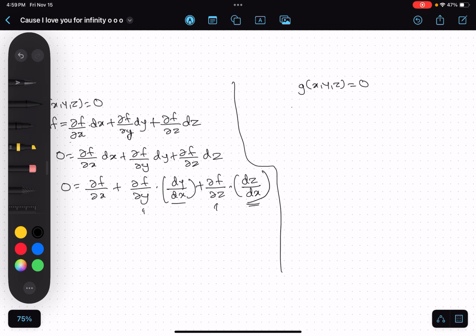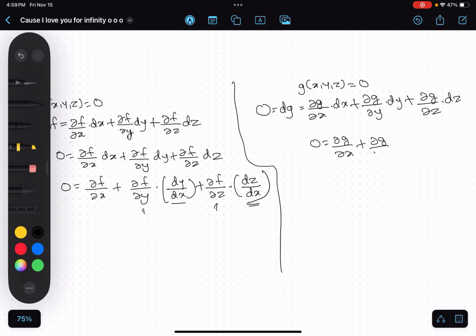Over here you can write this as, so again dz will just be 0, and dz will be given by change in z due to x plus change in z due to y plus change in z due to z, right? Now if you divide both sides by dx, this will just be partial z by partial x plus partial z by partial y times dy by dx plus partial z by partial z times dz by dx, right?